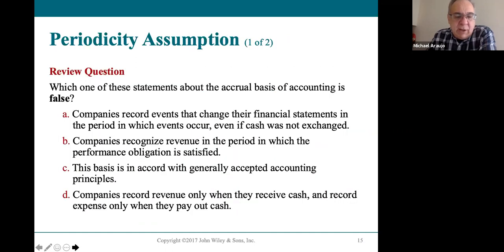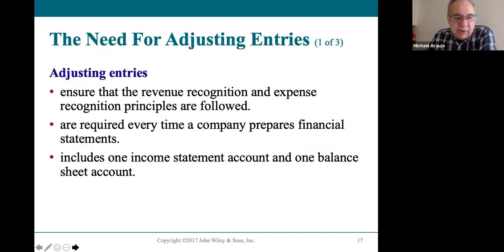Okay, so it's very, very important to understand that there are other ways in which accounting is done, but we are learning the accrual basis. Now, because we are using the accrual basis, before we actually prepare our financial statements, of which the income statement is the very first statement that we prepare, you know how those are connected, right?